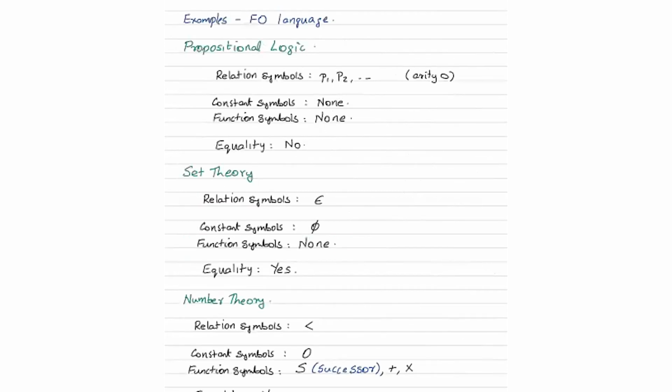You don't have constant symbols, you don't have function symbols, you don't have equality, you only have relation symbols, which are the propositions. When people use the word Boolean logic, do they mean propositional logic? Typically, yes. So it's not first order that is meant, because we don't have constant symbols and function symbols.